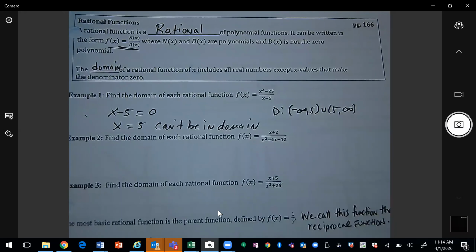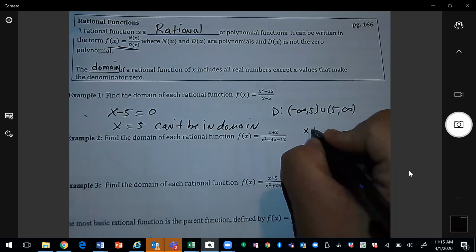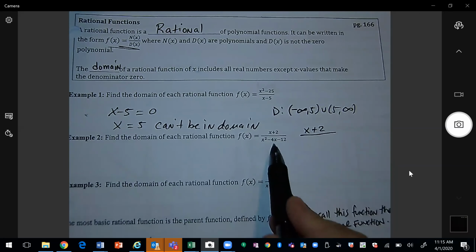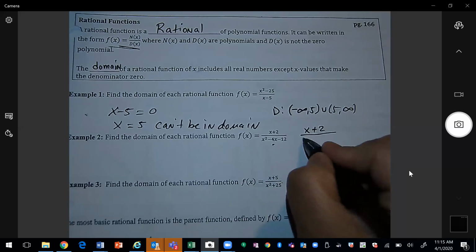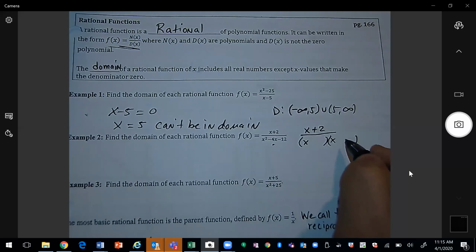And so for these 3 examples, they are kind of a review of what we have done. Let me just move that down. So if we look at example 2, find a domain. Something we can do here first is factor the polynomial down here. So this is going to factor as, what do we get?